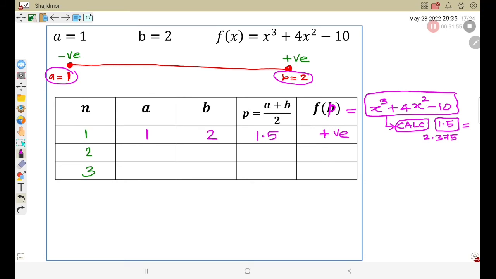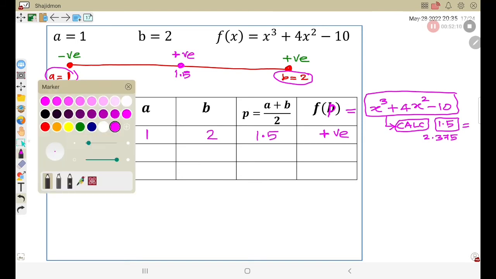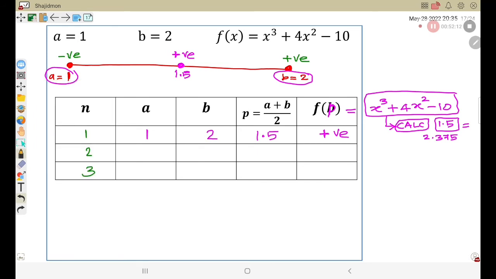So what we did: mark in the line the middle of a and b, we are getting 1.5. At 1.5, what is the f of p sign? Positive. Now check which interval we will take and which one we are deleting.